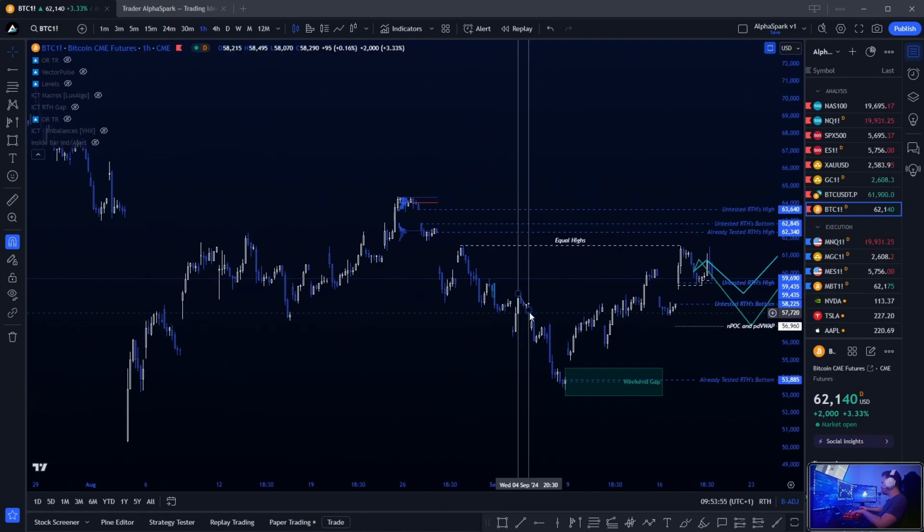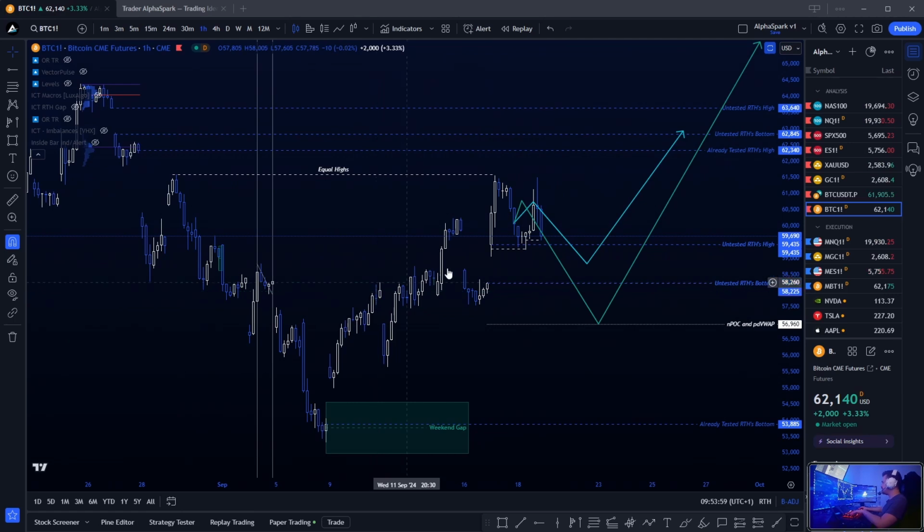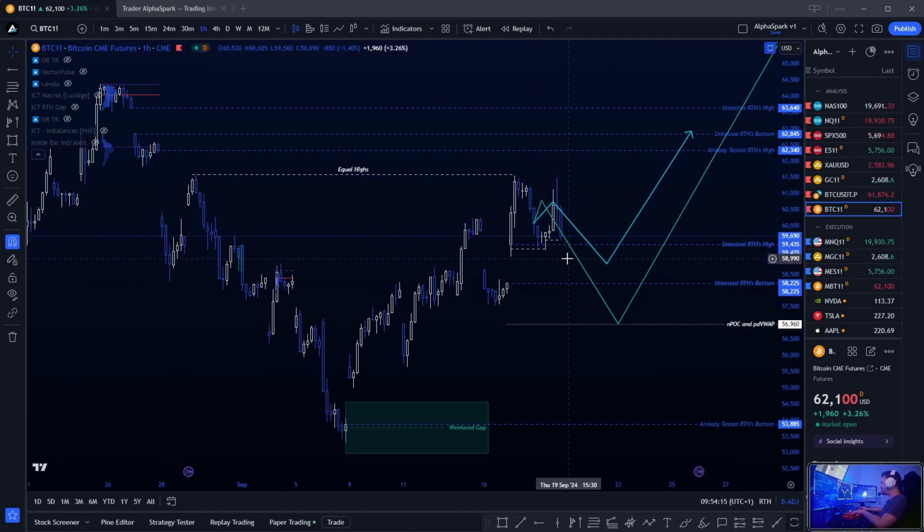which is essentially how I came up with these two ideas the other day and posted this on our Discord. Basically, it was about coming for one gap that was not tested yet, which we did during the previous New York session.